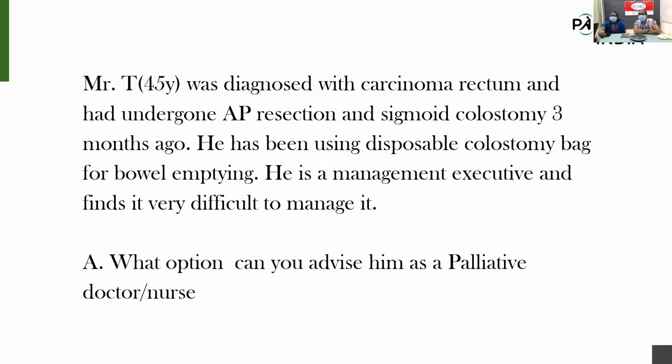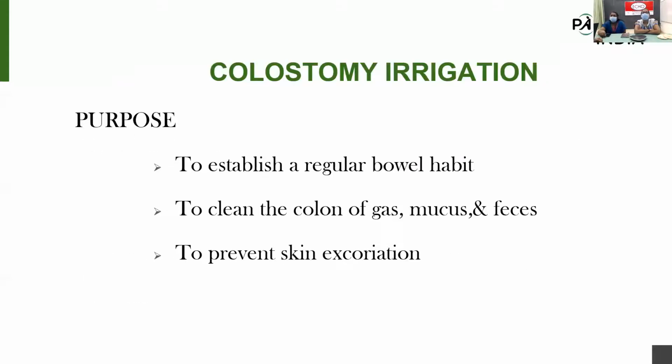Next. In this case, we will be suggesting a colostomy irrigation. What is the purpose of colostomy irrigation? The first purpose is to establish a regular bowel habit. Next is to clean the colon of gas, mucus and feces and to prevent skin excoriation.